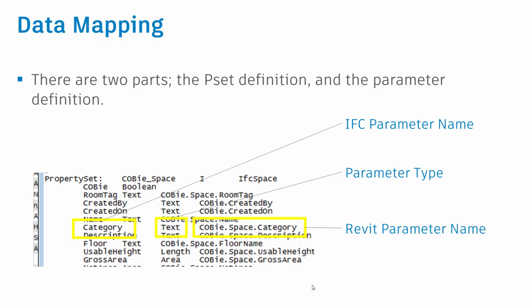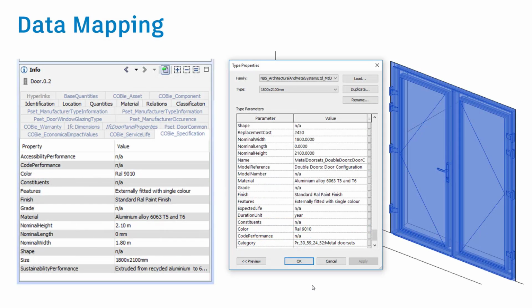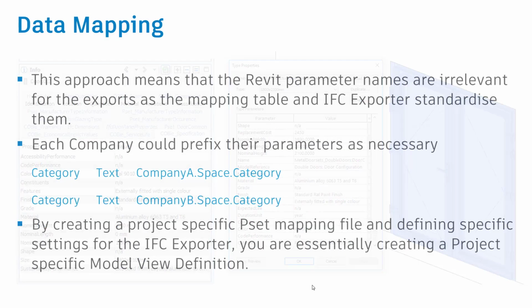It's whatever you've called your parameter inside Revit, and it'll just search for the parameter by that name. So as an example of some out-of-the-box mapping, we've got some MBS content here, which contains plenty of COBie information, and that can be mapped out appropriately into the correct place within IFC. So you can transfer a heck of a lot of information over if you choose.